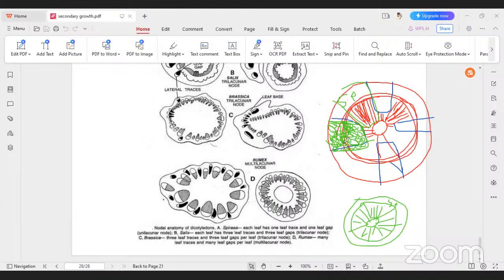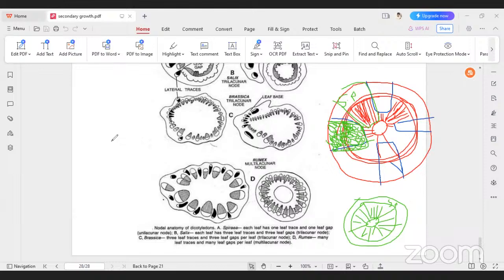Actually, normally all the vascular bundles combined together form one periderm. But here each vascular bundle individually develops a periderm. That is abnormal activity. So what I'm saying here: each vascular bundle forms a periderm, right?